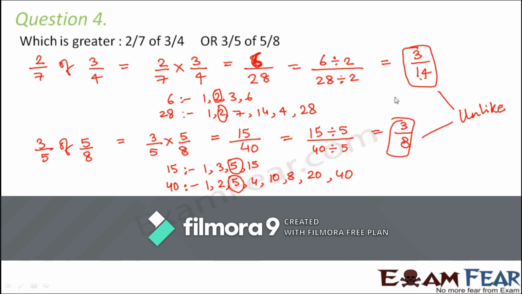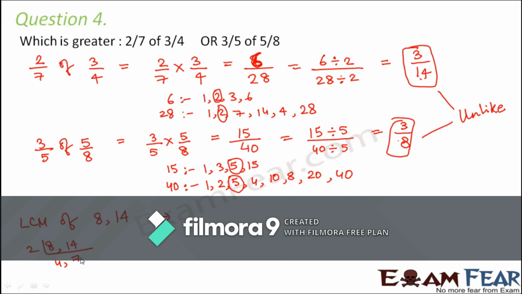So what we need to do, we need to ensure that we convert them into such fractions such that they both have same denominators. So in order to do that, we will take the LCM of both the denominators, right? So we take LCM of 8 and 14. And what is the LCM of 8 and 14? Let's find out.